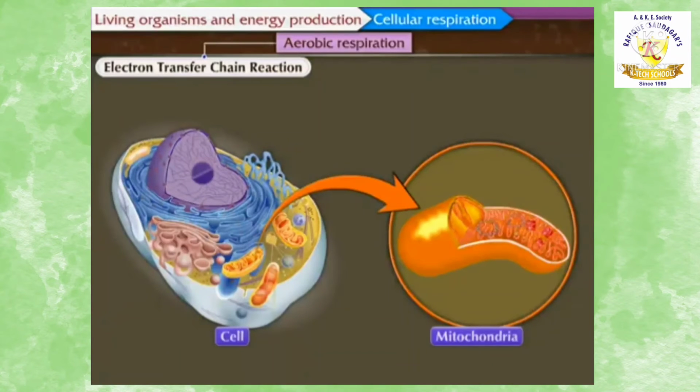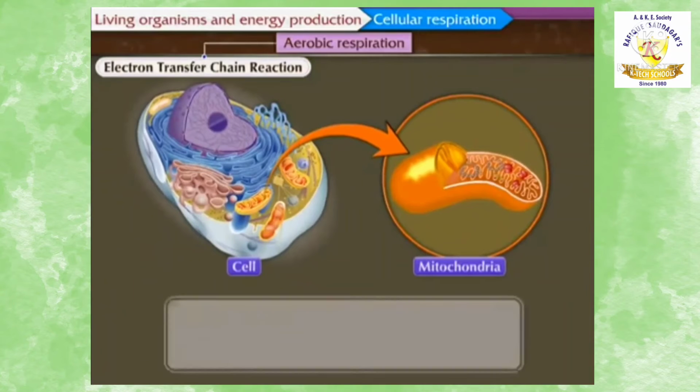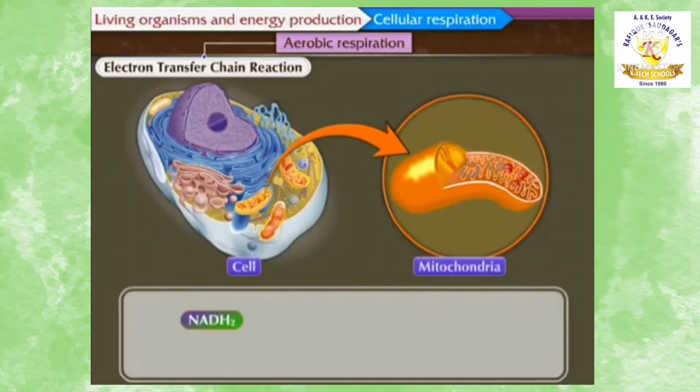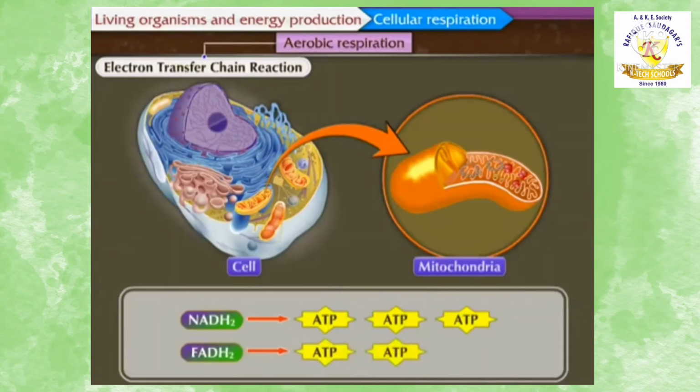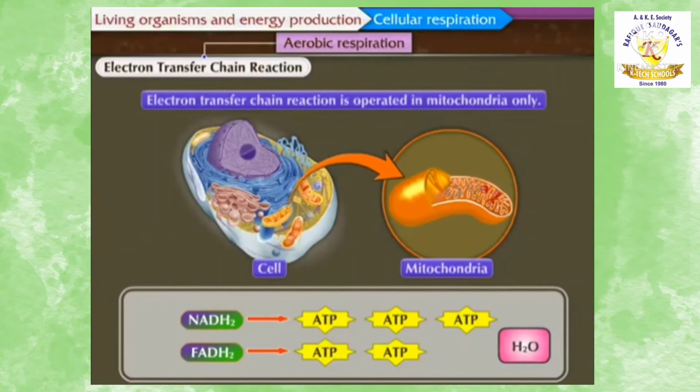Due to this, 3 molecules of ATP are obtained from each NADH2 molecule, and from FADH2, 2 molecules of ATP are produced. Besides ATP, water molecules are also formed in this reaction.